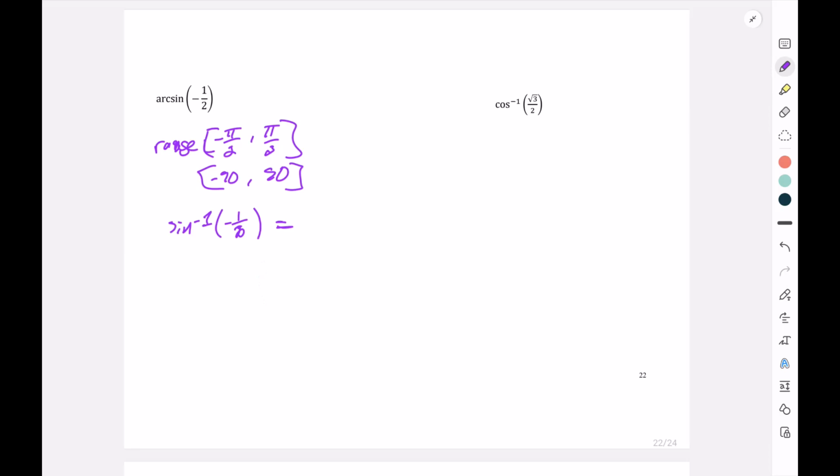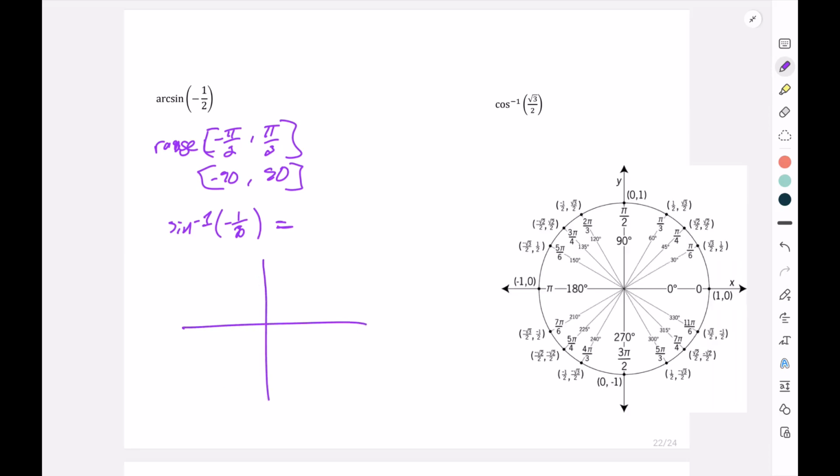We want places where we take the sine of an angle theta, and that theta angle needs to equal negative 1/2. So if we look at our unit circle, we can see that negative 1/2, for sine being our y value, is at 210 degrees, 330 degrees, and negative 30 degrees.